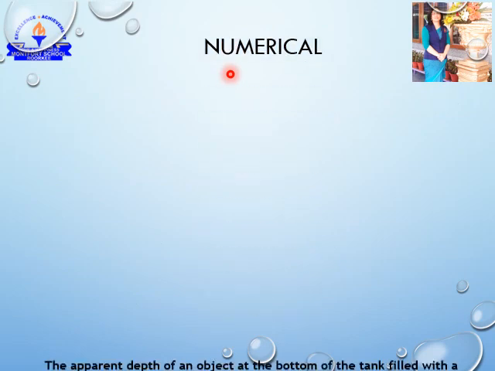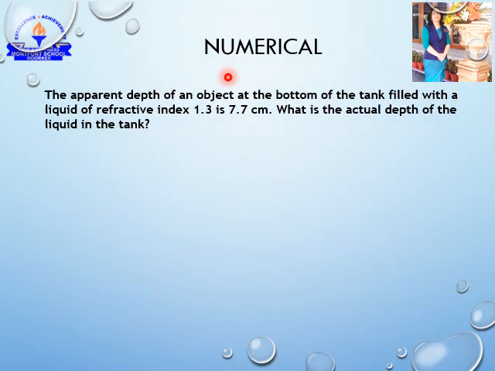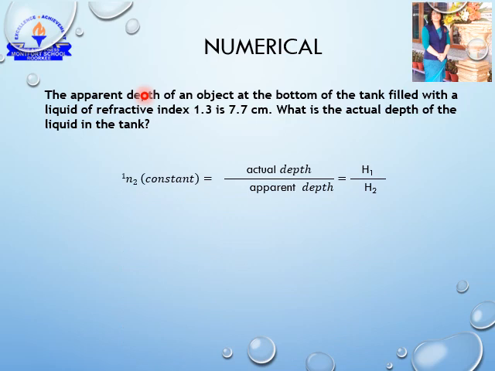Next, we have a numerical which is based on apparent depth and actual depth. The numerical is: the apparent depth of an object at the bottom of the tank filled with the liquid of refractive index 1.3 is 7.7 centimeter. What is the actual depth of the liquid in the tank?